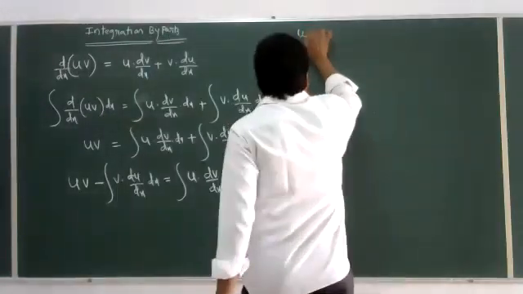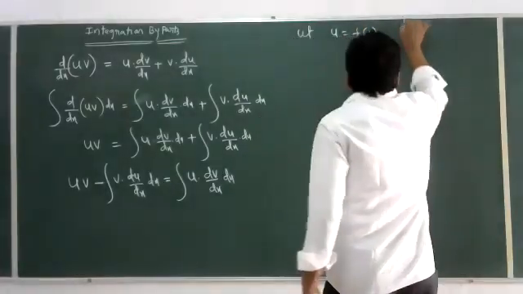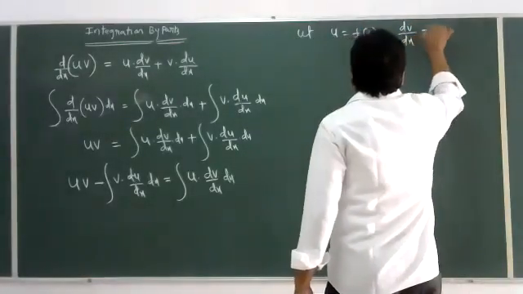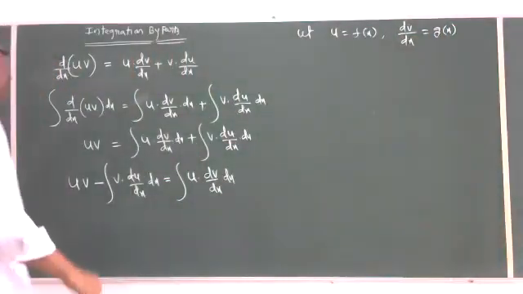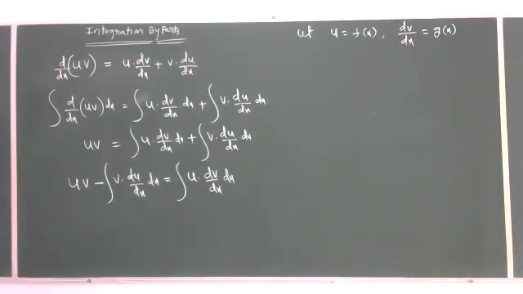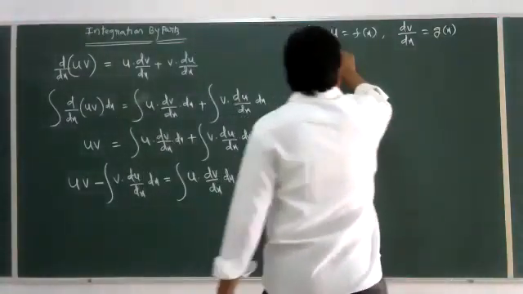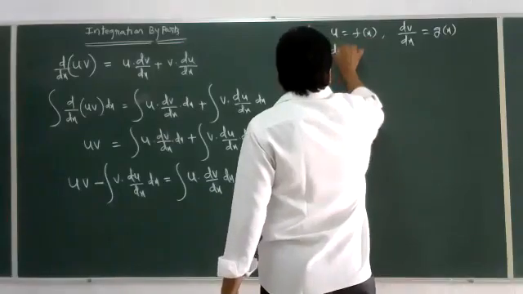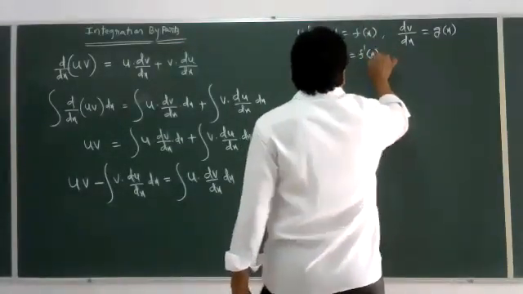Let U is equal to f of x and dV by dx is equal to g of x. You consider that. U is equal to f of x means du by dx is equal to f dash x.